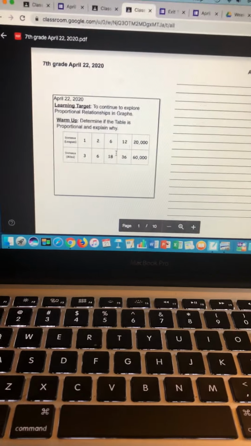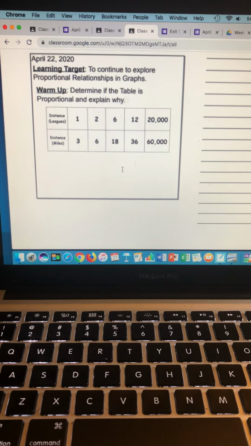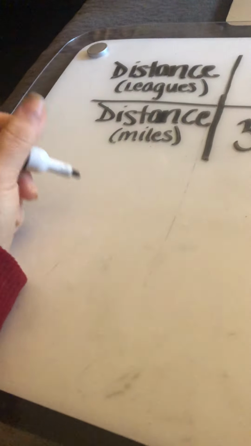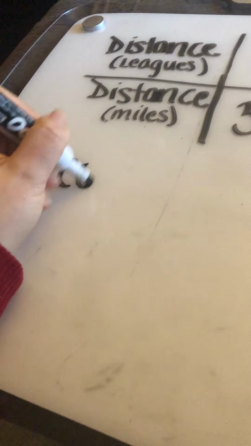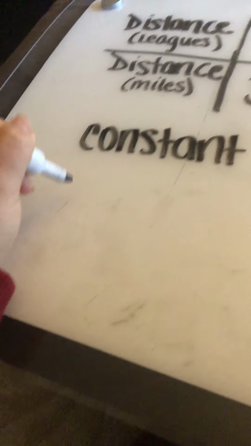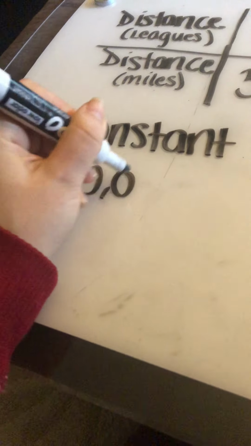All right, so the lesson starts off with a table, and I ask you if the table is proportional and to explain why. I just wanted to show how we would figure this out. You want to check for two things: if your table has a constant, and if it includes 0, 0.